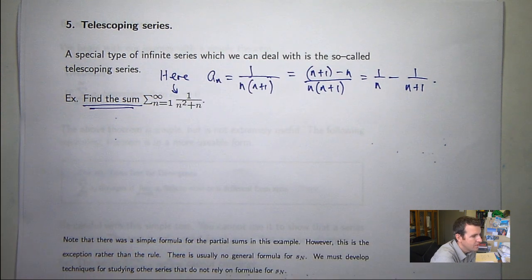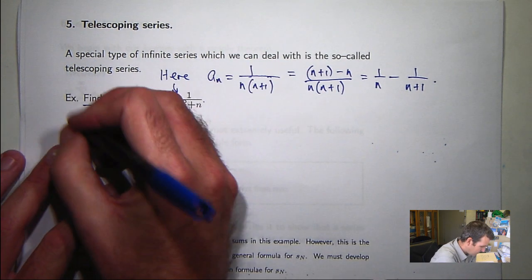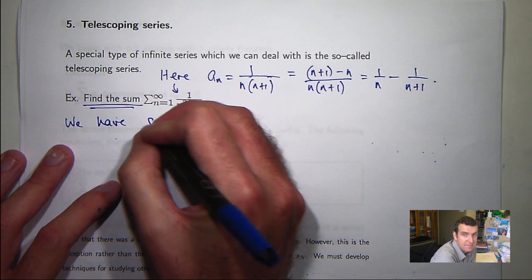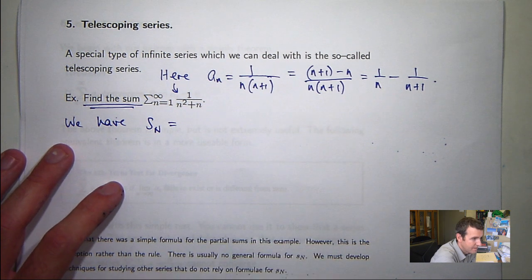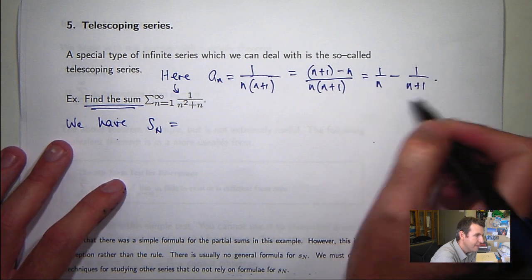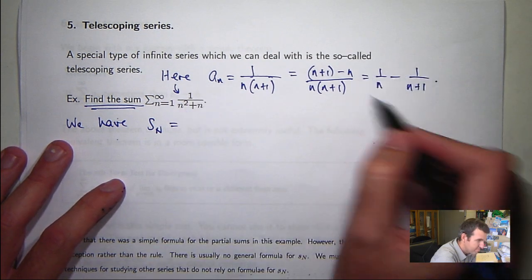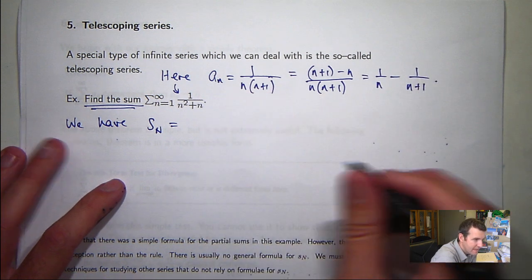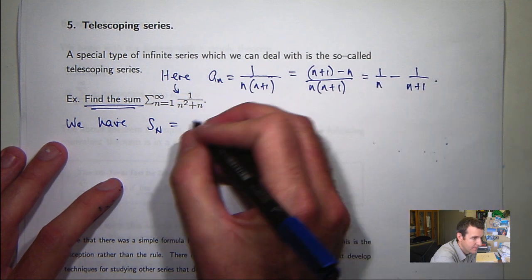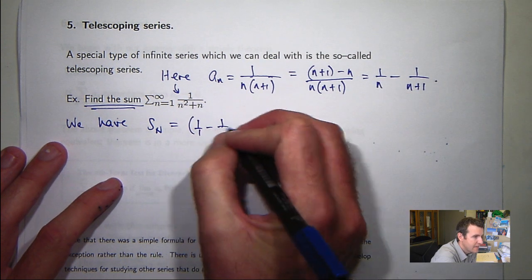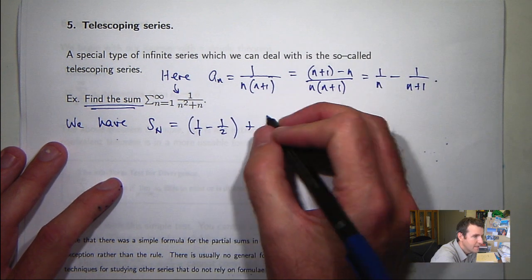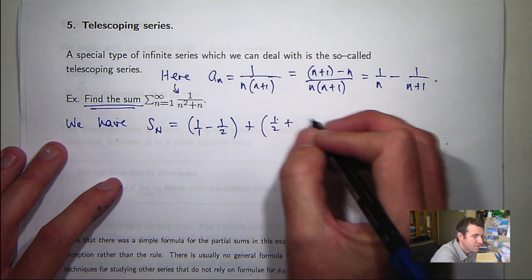So what can I do with that? Well, what I'm going to do is write out the big Nth partial sum for that series. So we have the following. S sub N is just, remember, a1 plus a2 plus a3, etc., up to a sub N. So let's work out a sub 1. a sub 1 is just going to be 1 on 1 minus 1 on 2.